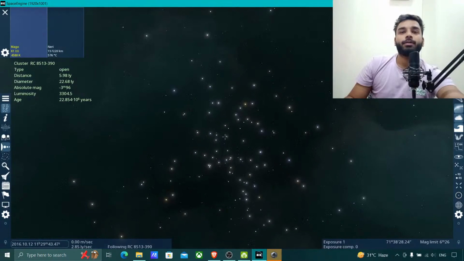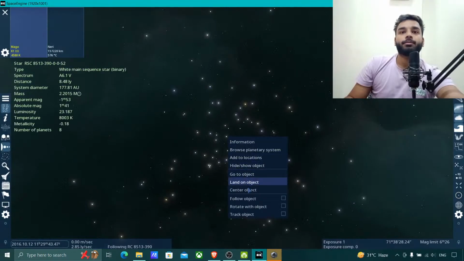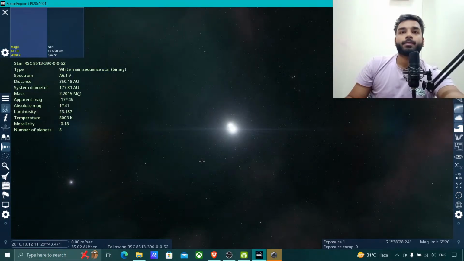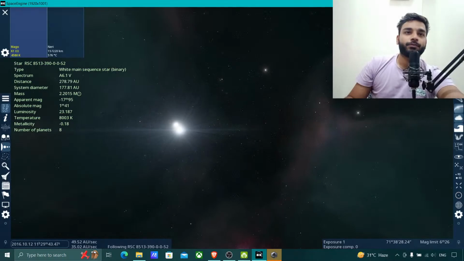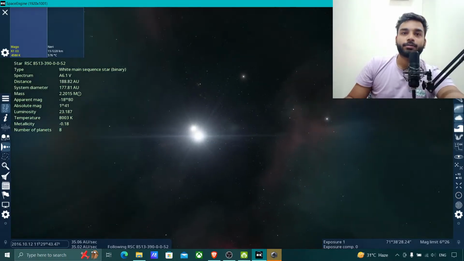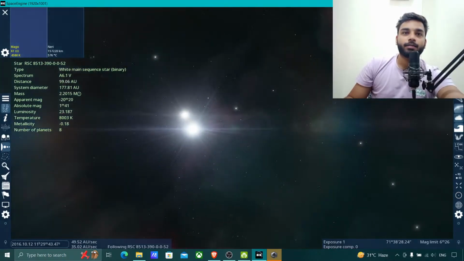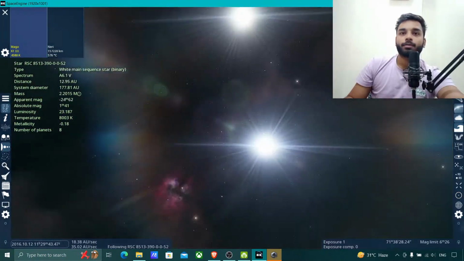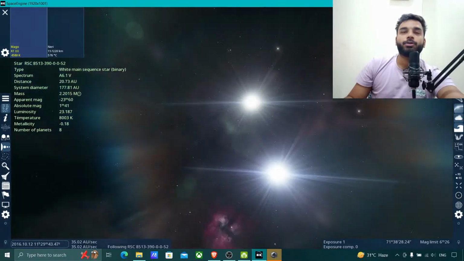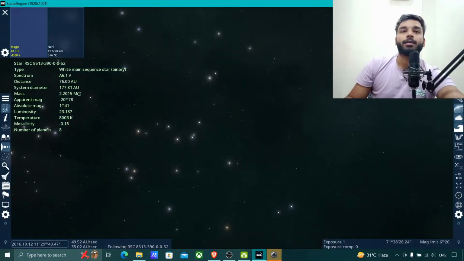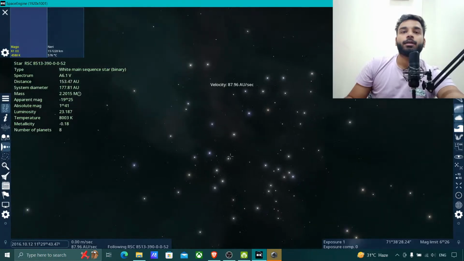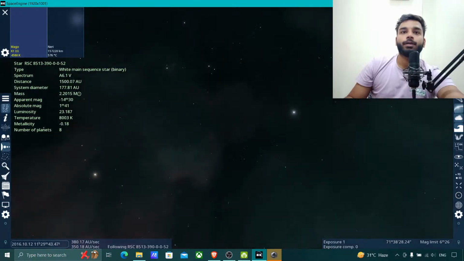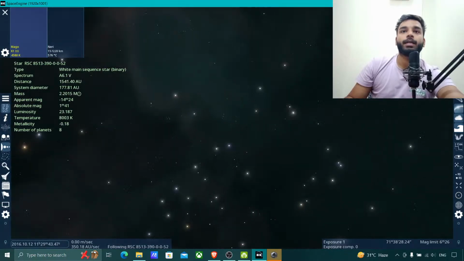Can we land on any of the stars? Let's see. Okay, so it is in very initial stages. You can see it just has a basic core, and these are very small to land on. They haven't gained their mass. And you can see the whole system. Now we are inside the system, right?